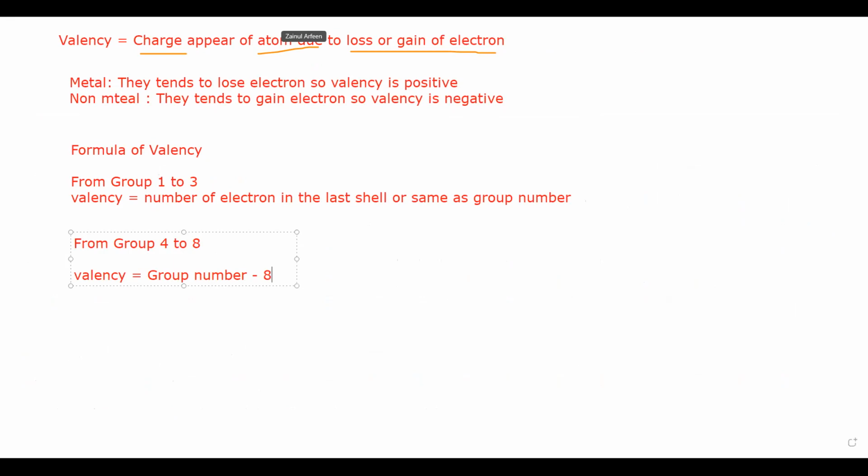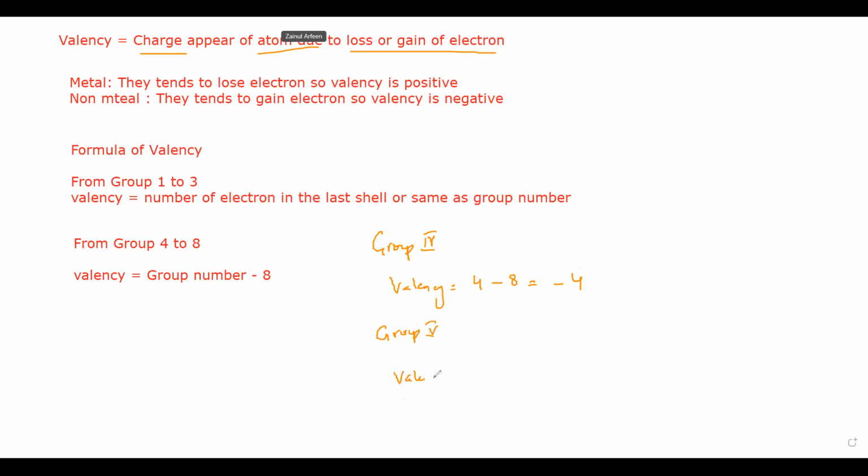That is a formula to calculate the valency for group 4, 5, 6, 7, and 8. The group number minus 8, that gives the valency. So example, if I say what is the valency for group 4? So for group 4, the valency is equals to group number, what is the group number? That is 4 minus 8. So 4 minus 8, so group 4, the valency is minus 4. Same thing for group 5.